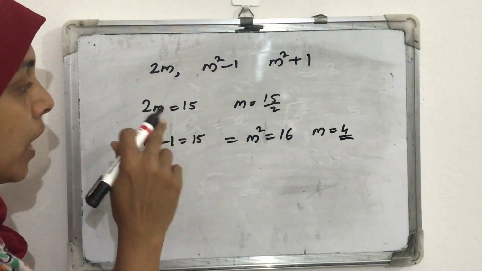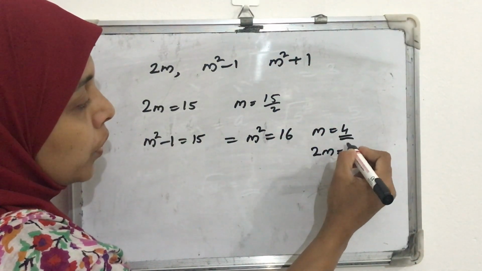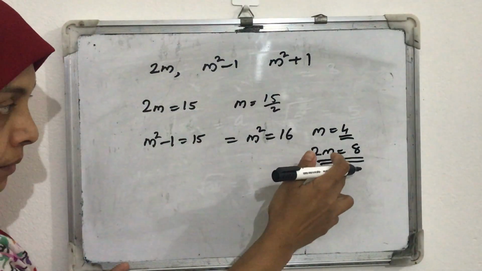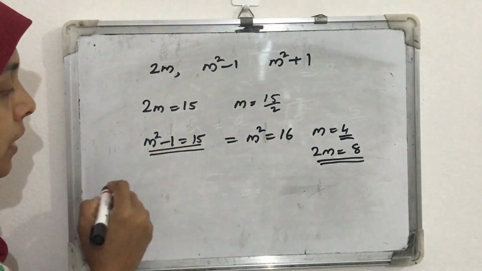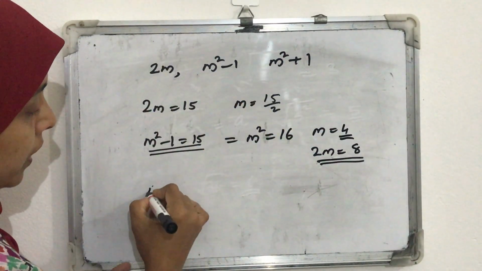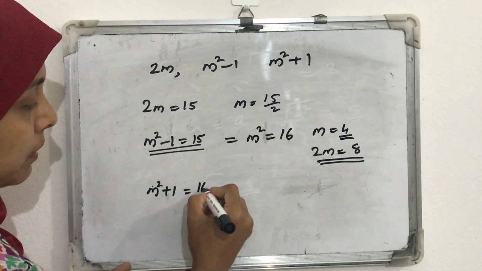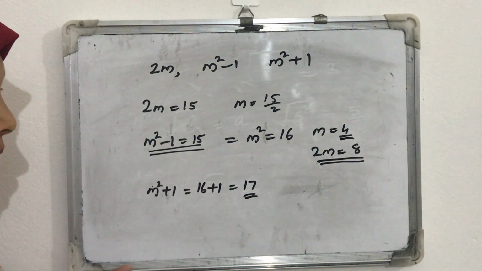Okay. So one member, 2m, is what? 4 into 2, 8. One member we can take as 2m. Then m square minus 1 we take as 15. One more we want to find, the last one, m square plus 1. That's m square 16 plus 1, equal to 17. So which Pythagorean triplet did we find?